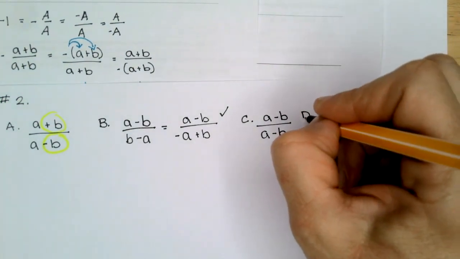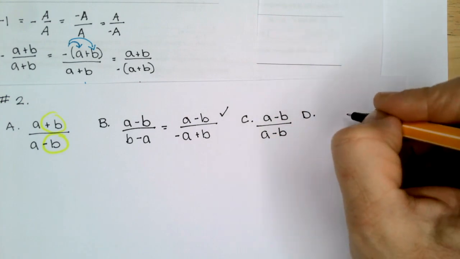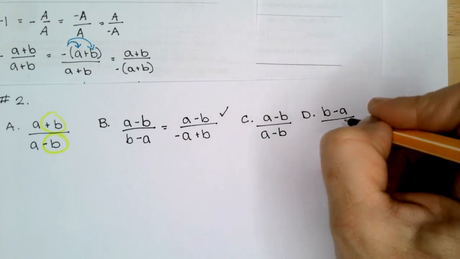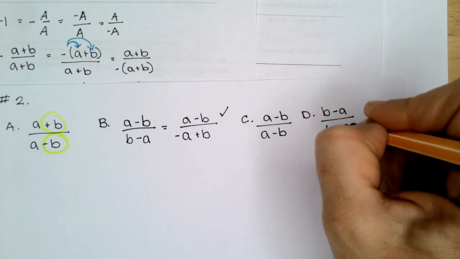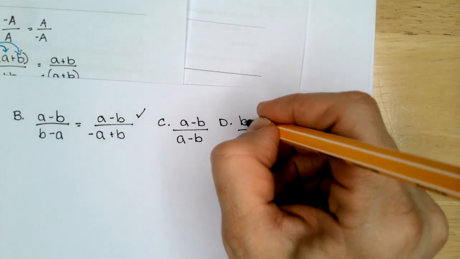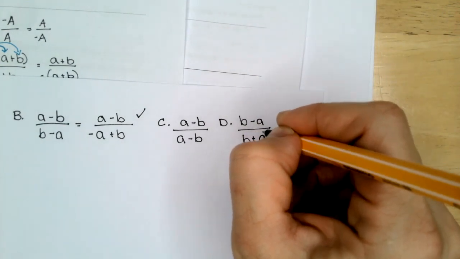And then let's look at D. For D, we have B minus A over B plus A. So they're in the correct order, but B is positive, positive, positive, negative, positive.